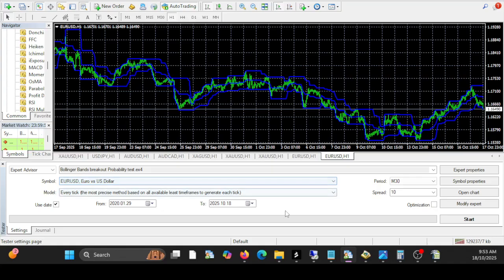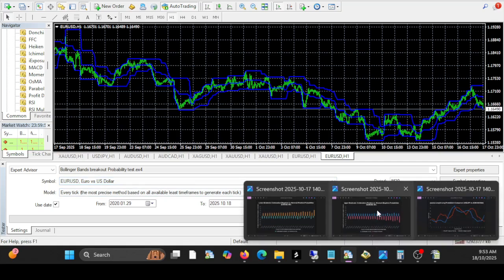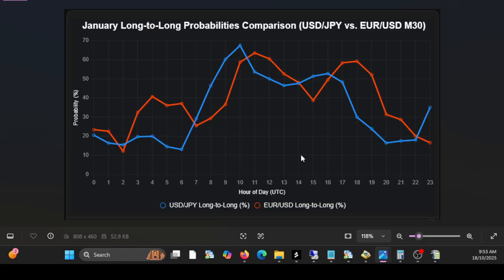And after putting it into the AI and getting a little graph, this is what we come up with. The data shows that below 50% you're more likely to see a reversal than a continuation. Plus it tells us the best times of the day to trade for reversals.